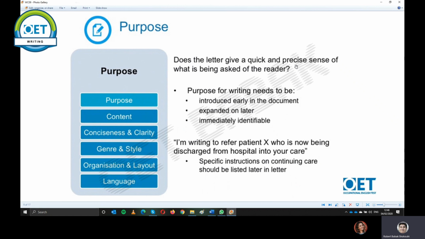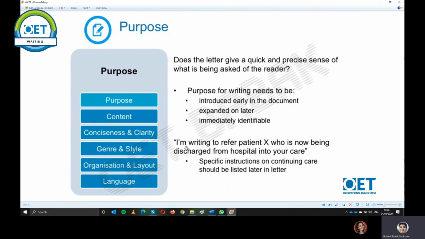We don't want something which is not quick, and we don't want something which is not precise. Purpose for writing needs to be introduced early in the document, expanded on later, and immediately identifiable.